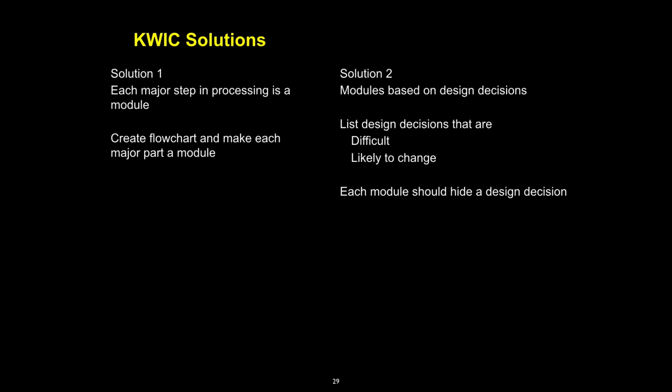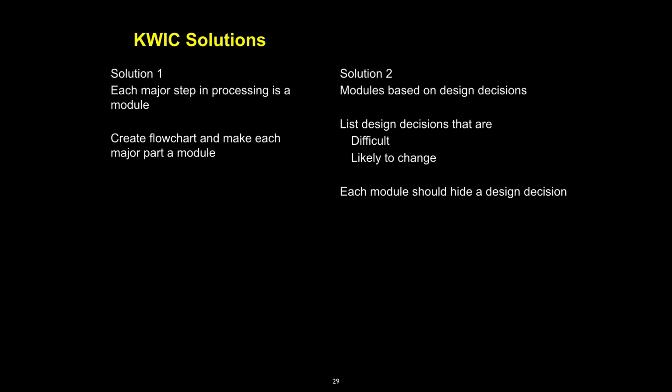The second solution was to just worry about design. What design decisions do you make that you want to hide, right? Is this related to rate of change? Could be. Design decisions might be things that might be changed in the future, and it could be just this is really hard, so I want to hide it because I'm probably going to screw it up, right, and find some better solution later.